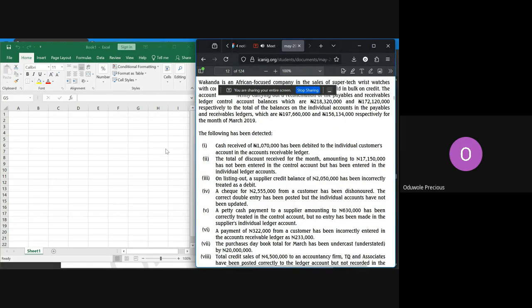So it says cash received of 1 million. Number one, we are preparing the trade receivable control account and the reconciliation of the trade receivables control account. So we'll start from the first one. The first one says 1,070,000 has been debited. I hope you guys are following the question.